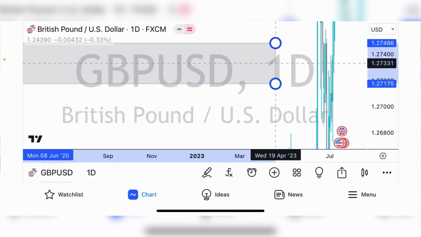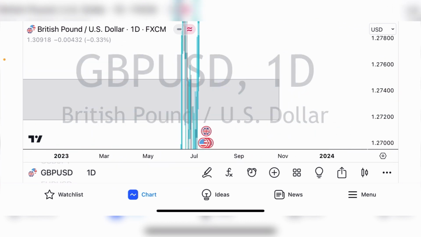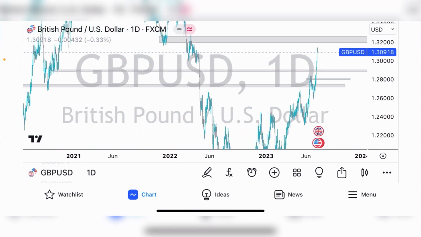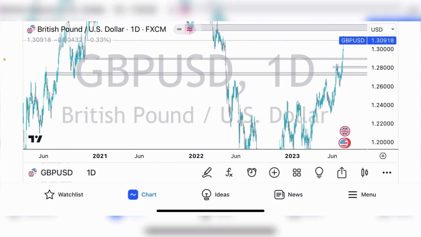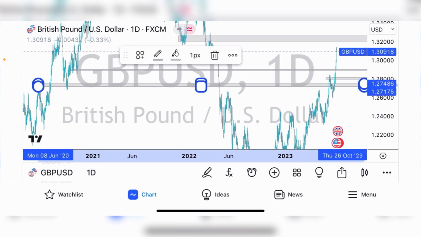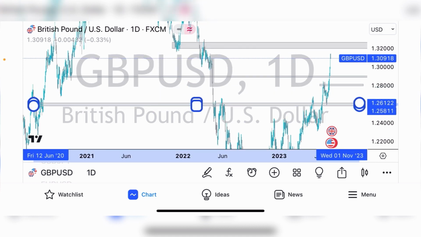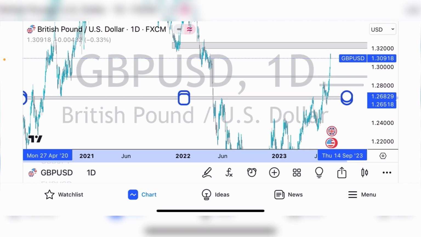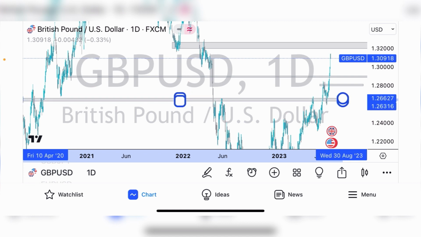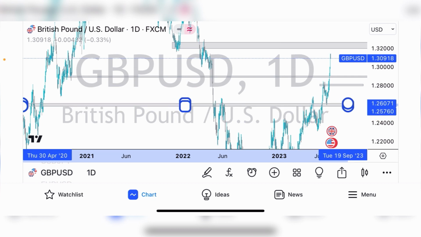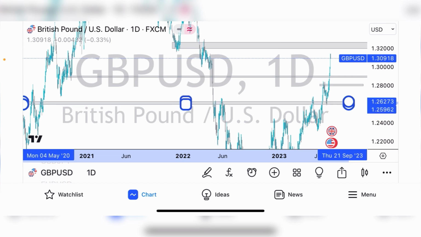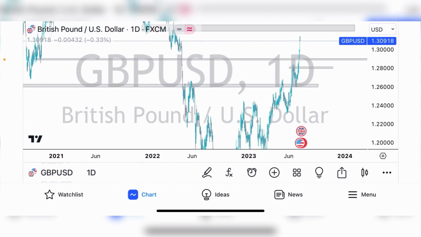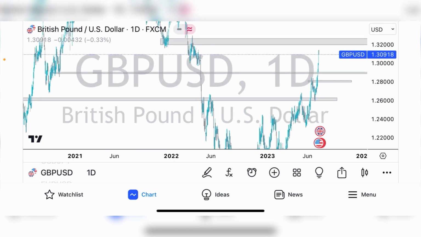All these retests happen when the market bounces off, usually from this zone. The market bounces off from that zone, gets a retest.